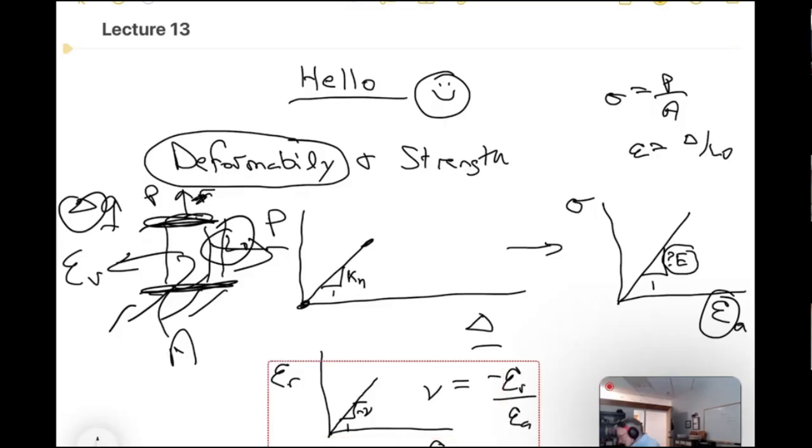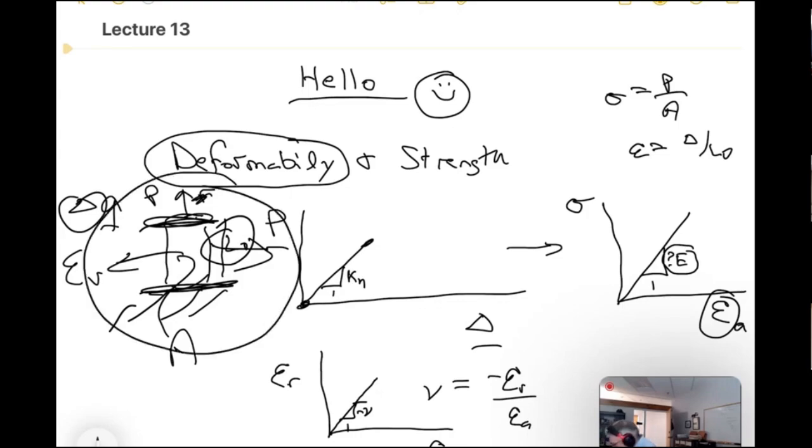If axial is positive, making it shorter, it typically makes it bulge out. They call that Poisson ratio. This is the simplest test I can think of, and we interpret the deformation in terms of Poisson ratio and Young's modulus.